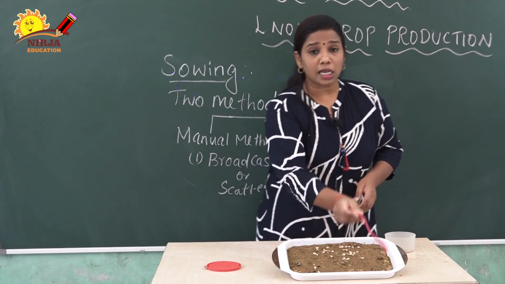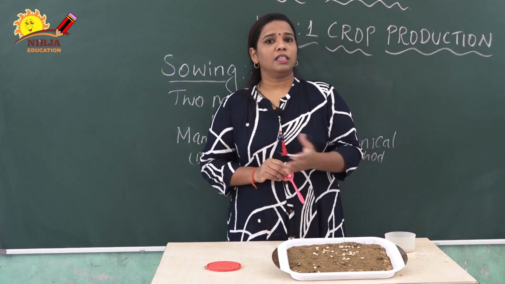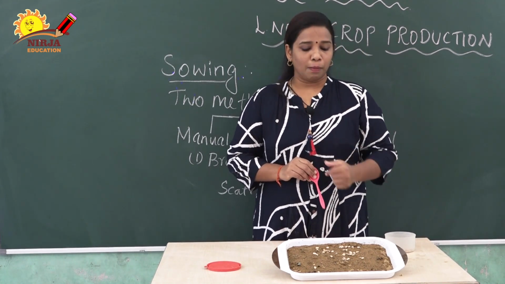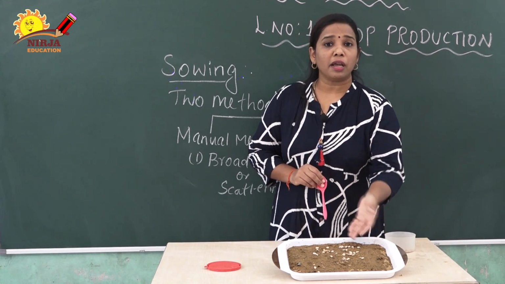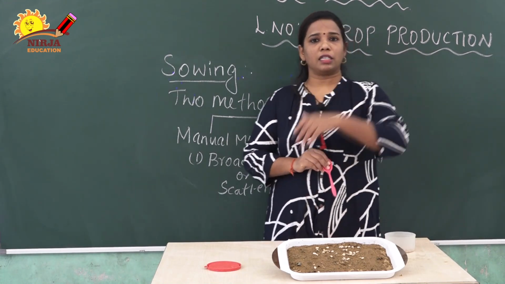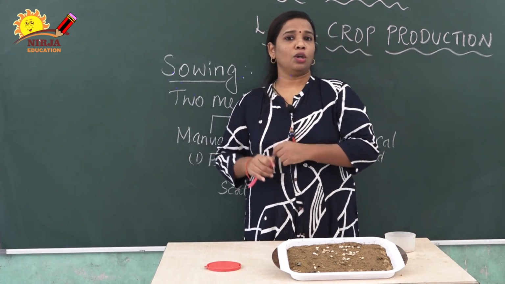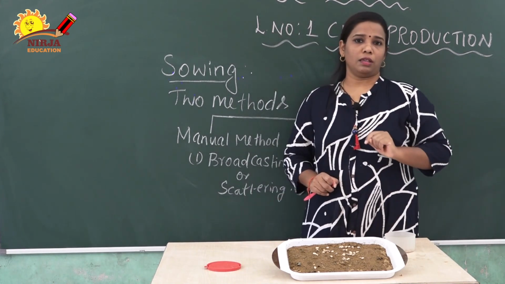If we do this, what might happen? The seeds will not grow properly. Why? Because competition occurs between the seeds for nutrients, air, space, etc. So automatically the yield becomes less. That is the disadvantage of the broadcasting method.